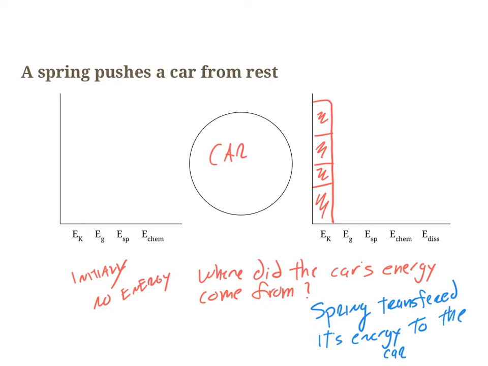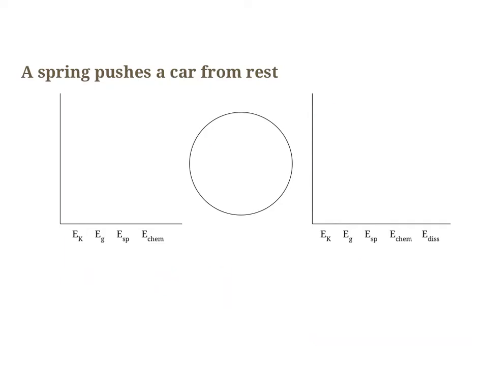Okay, so I'm going to go here and I'm going to redraw the energy bar chart to represent that. So we have a car. We already said that the car has kinetic energy only at position B, and in position A there was no energy. So we're going to represent that by drawing an arrow that's roughly as big as the energy of the car.